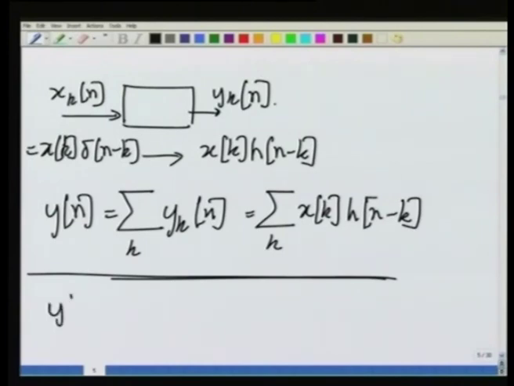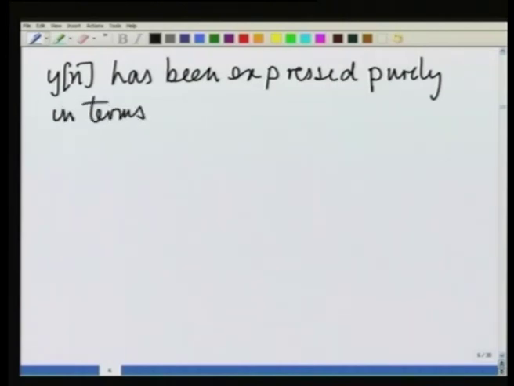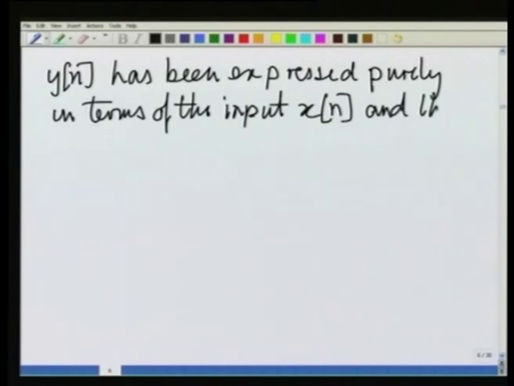So, let us go to a fresh page. y[n] has been expressed purely in terms of the input signal x[n], which you ought to know completely, of course, and the impulse response.